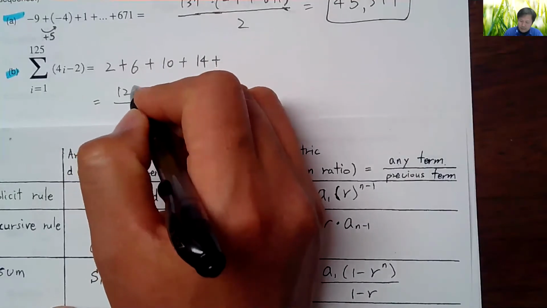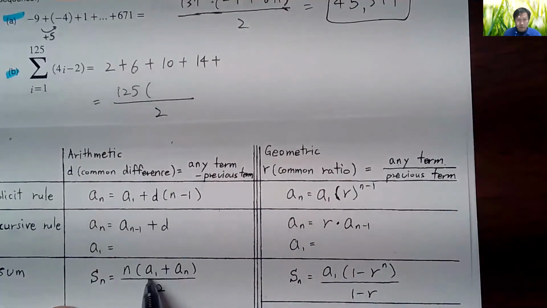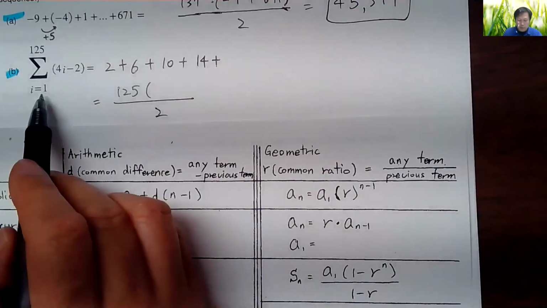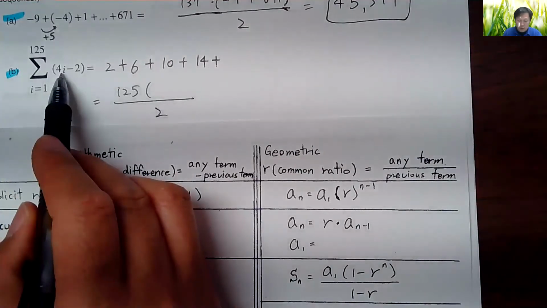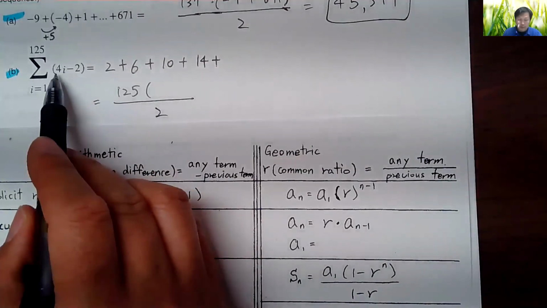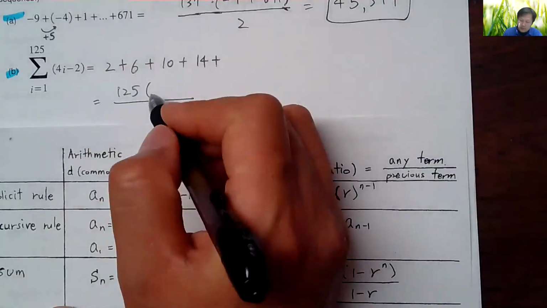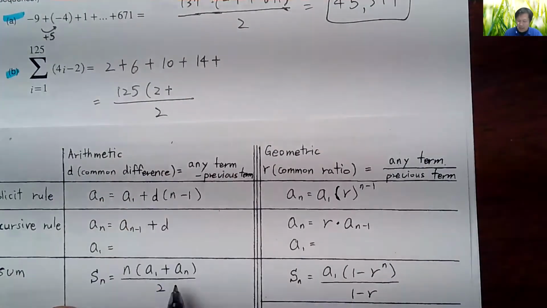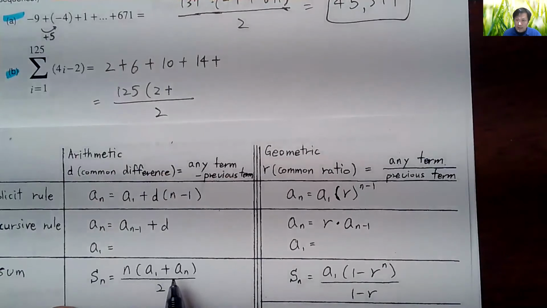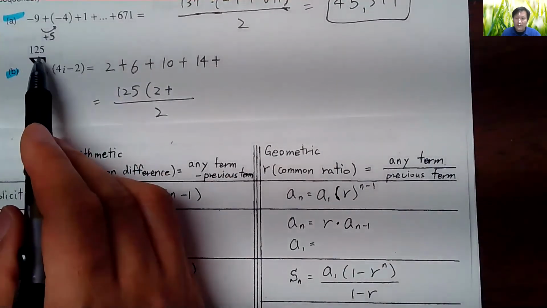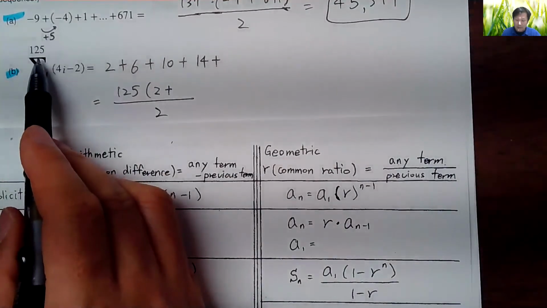So 125 times the first term. The first term is when you plug in i equal to 1: 1 times 4 minus 2, we already got it, 2. That was the first term. Plus the last term. How do you know the last term? The 125th term is the last term.